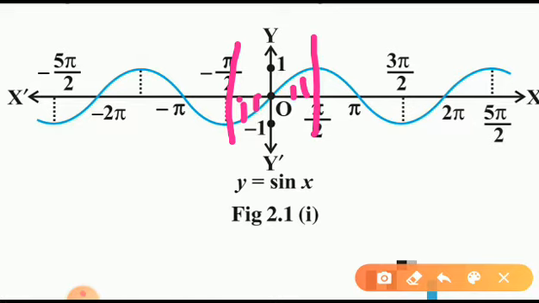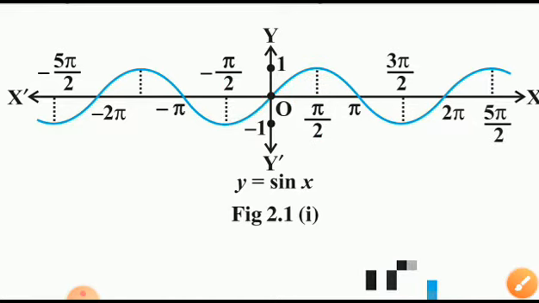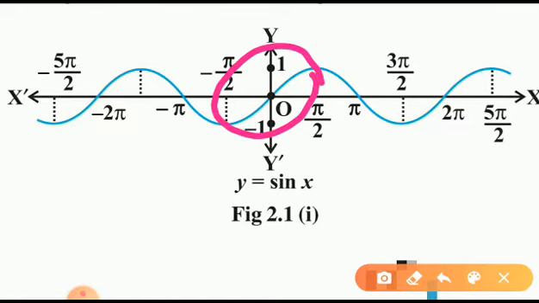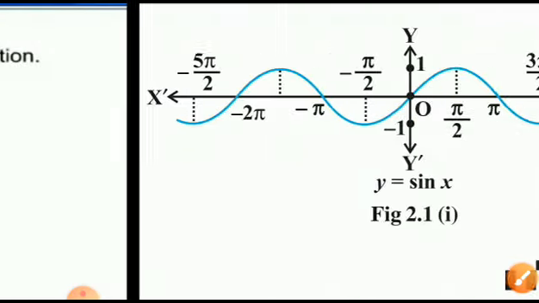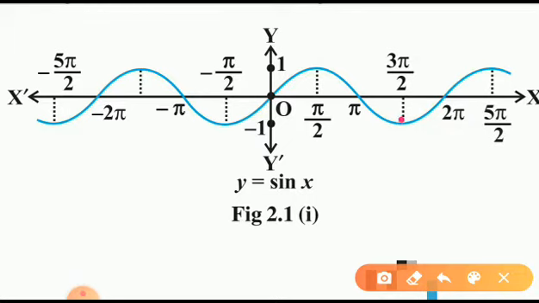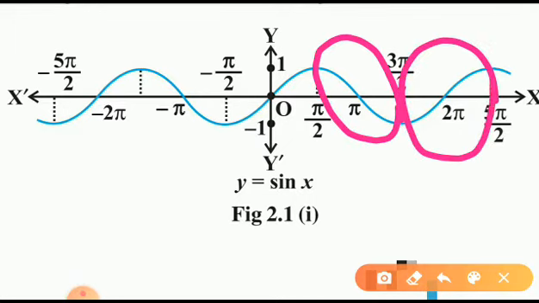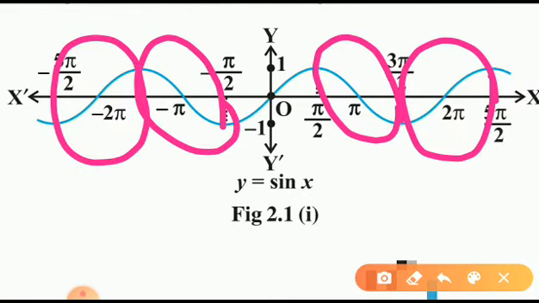And hence, if I restrict the function to minus pi by 2 to pi by 2, it will be a bijective function. It is not the case that I have to restrict only to this part. I can restrict it to pi by 2 to 3 pi by 2, or 3 pi by 2 to 5 pi by 2. Okay, this I can do.